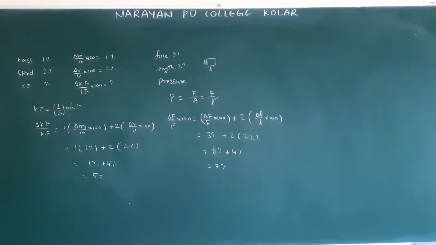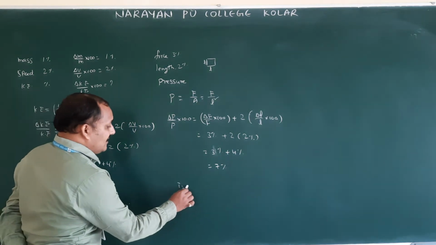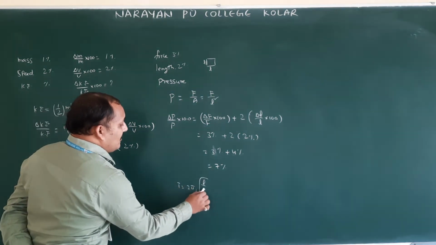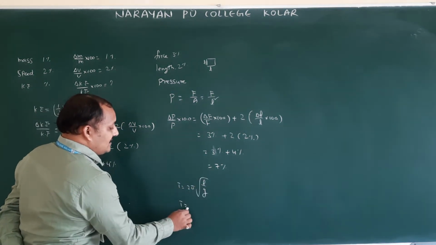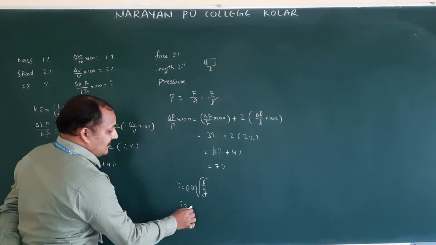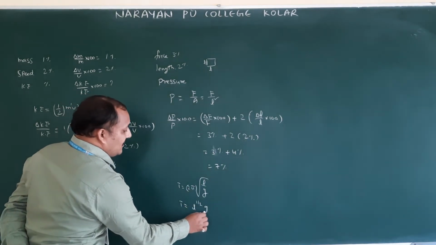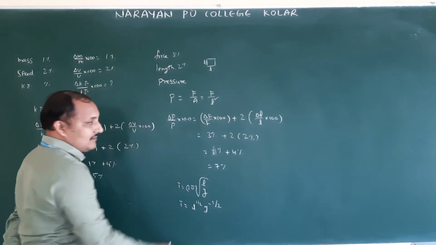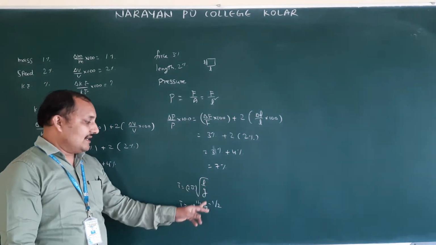See, you can only do in measurement of period of pendulum, if the percentage error in measurement of length and acceleration due to gravity are 2% and 3%. That one you can only solve. T is equal to 2 pi root L by G. So T is equal to 2 pi is constant, L power 1 by 2, G power minus 1 by 2, because root can be written as power 1 by 2.